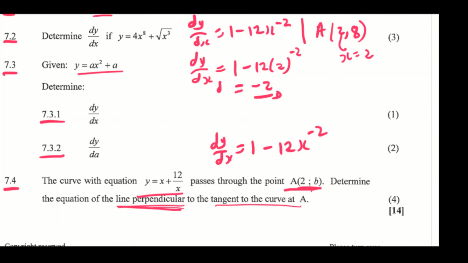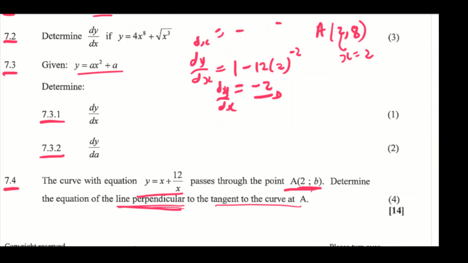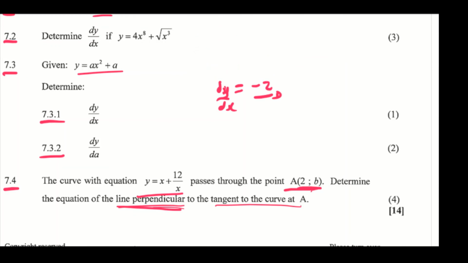So this is dy over dx, right? So it's the gradient of the tangent, and you're told that this line is perpendicular to the tangent, right? So m of t is equals to minus 2.